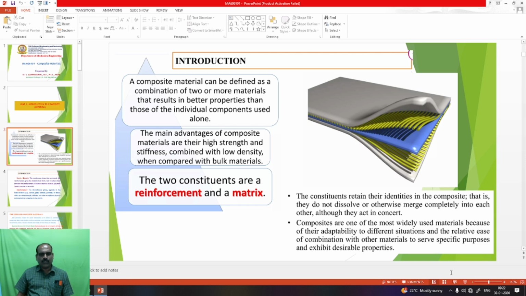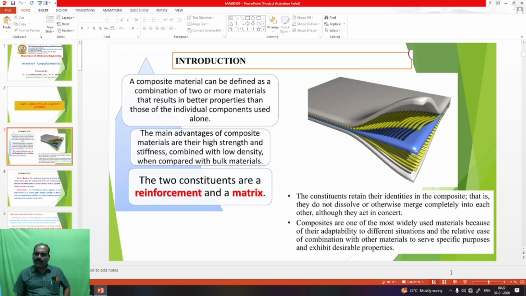There are two constituents in composite materials. They are a reinforcement and a matrix. These constituents retain their identities in the composite, that is, they do not dissolve or otherwise merge completely into each other, although they act in concert.